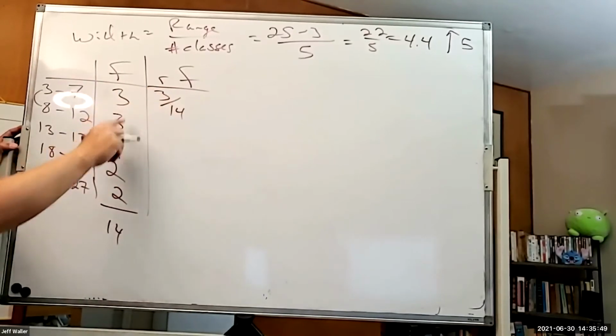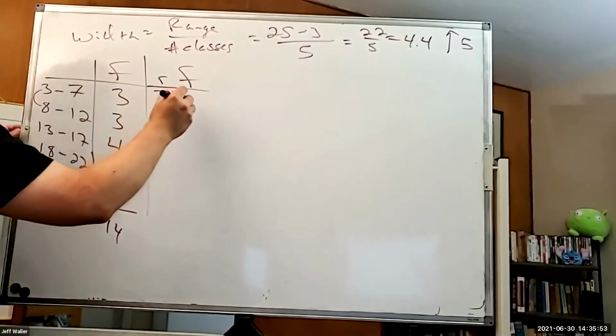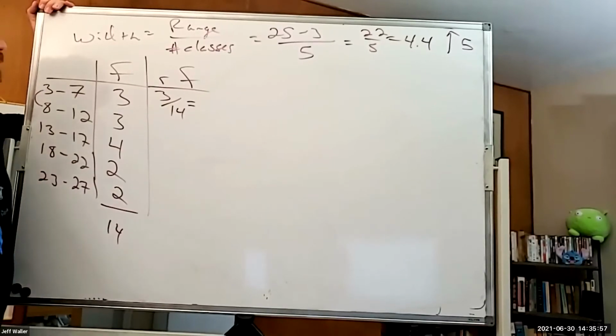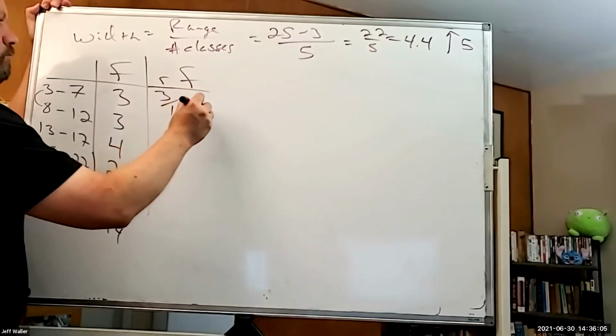There's 3 out of 14 data points in here, right? Which you can make into a percentage. Is that like 0.21 something? Yeah, 0.2143.